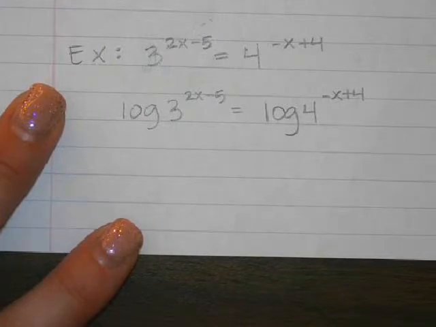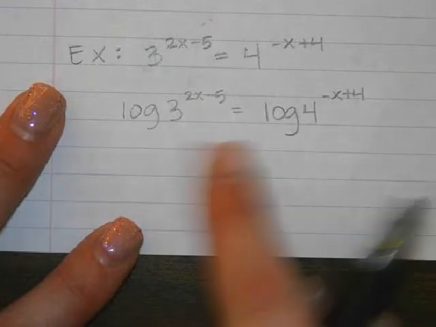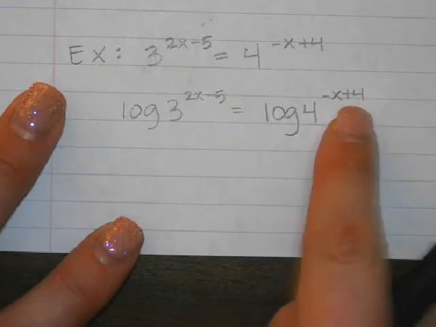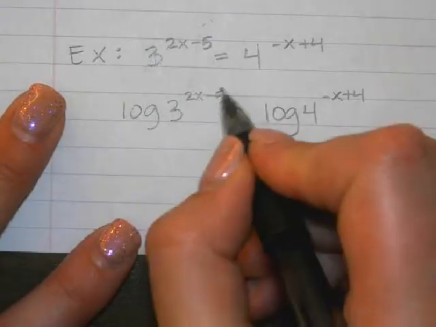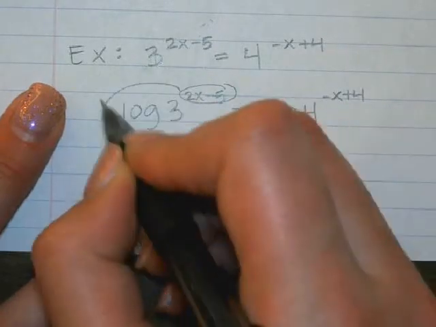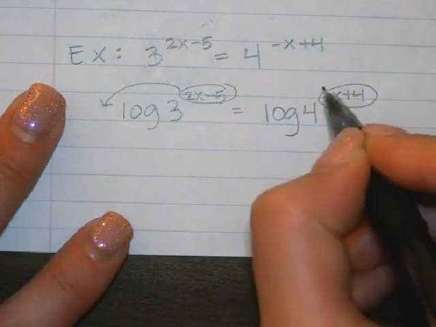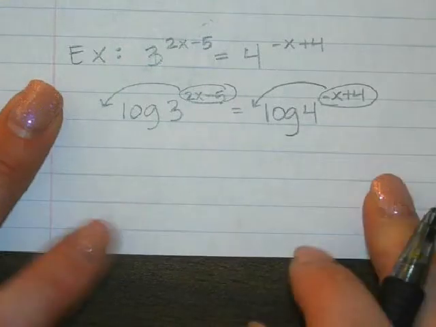My next step is to use properties of logs. I have exponents here. What can I do with exponents? Anyone remember that property? Yeah, you move them to the front. So we're going to take this whole exponent, we're going to move it to the front. We're going to take that whole exponent, we're going to move it to the front.